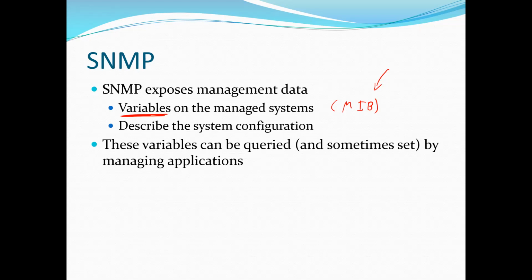So you have variables that describe information about the system and the system configuration and so on. These variables can be queried and sometimes even set, although setting them can be a lot more dangerous, as you might imagine, because of security. Imagine if a hacker took over your SNMP protocol.